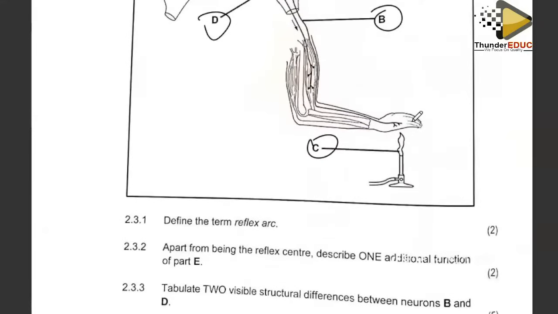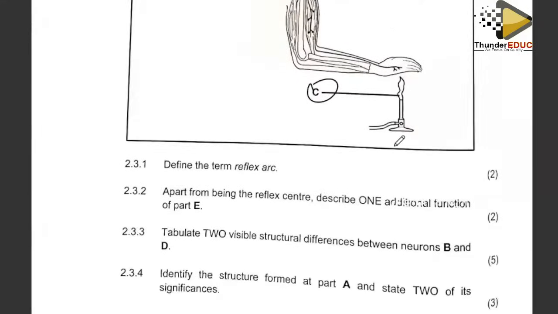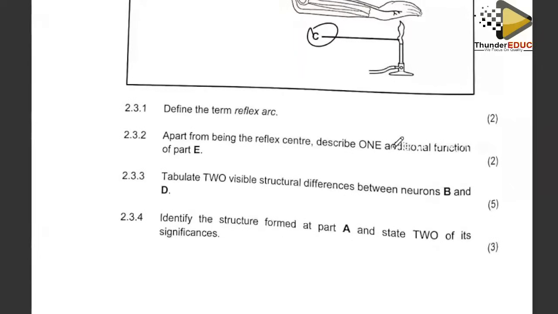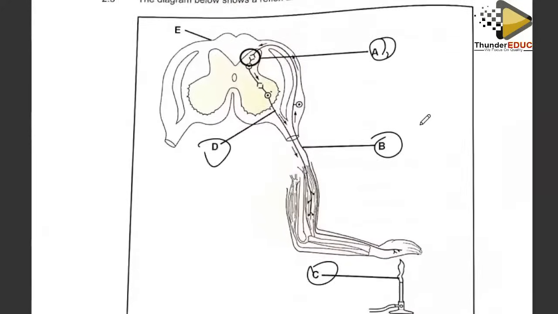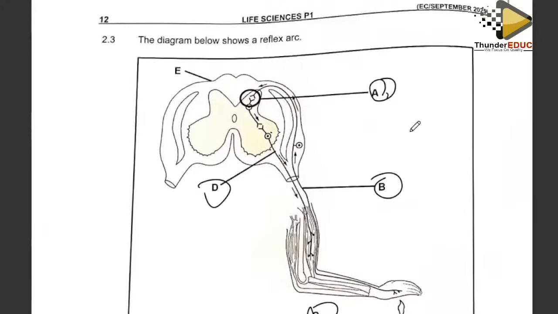So you have to link it to the reflex action. They're saying that apart from being the reflex center, describe one additional function of part E. What is the function of part E?